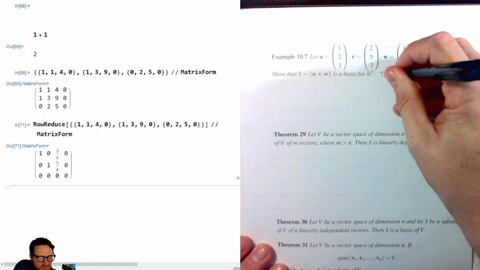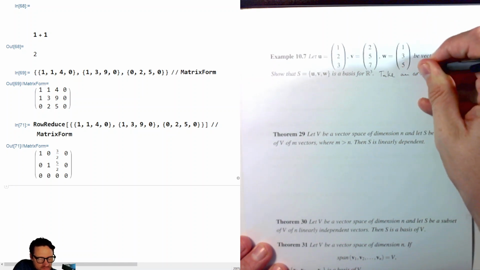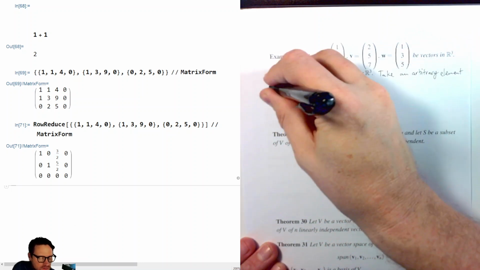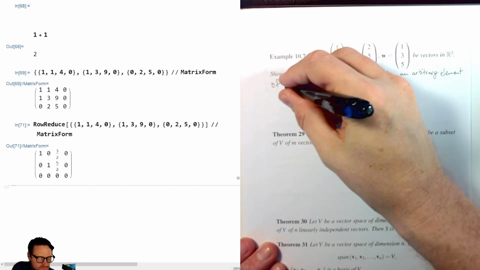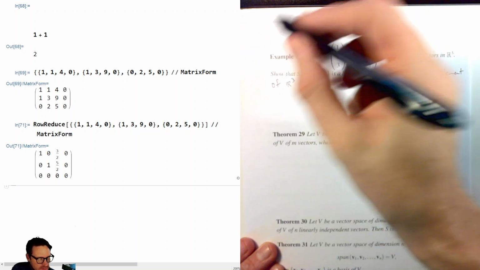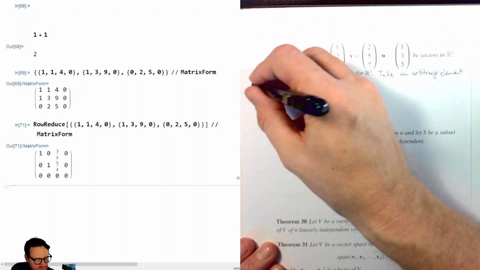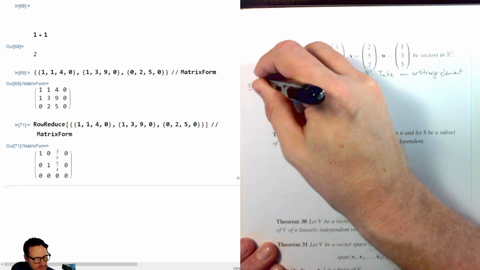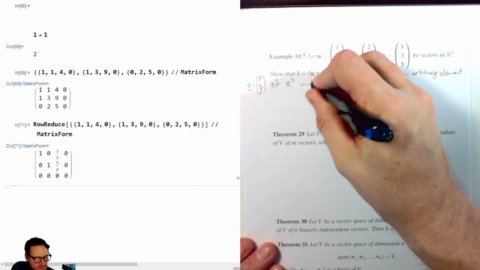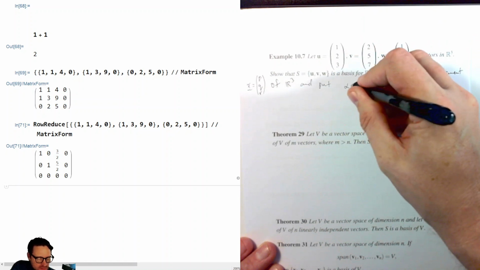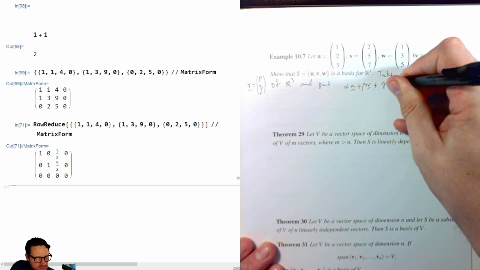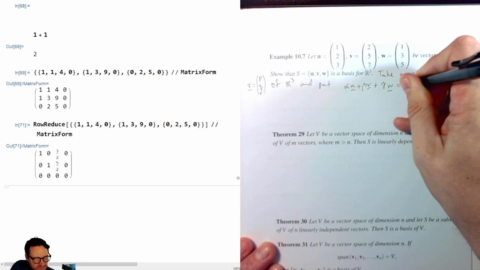Take an arbitrary element of R3, and let's give it a name, x equal to (p, q, r), and put alpha u plus beta v plus gamma w equal to the vector x.